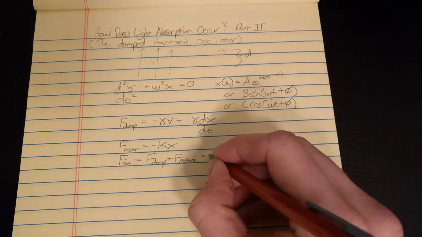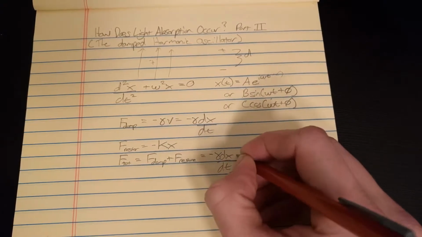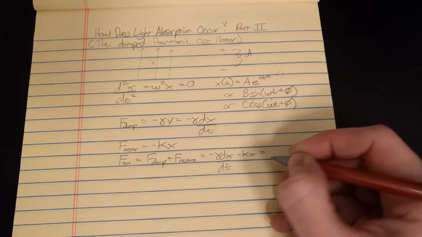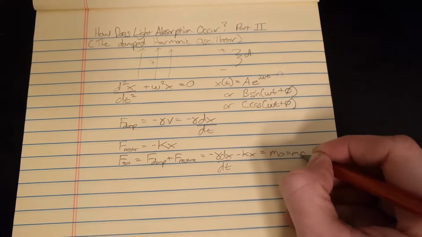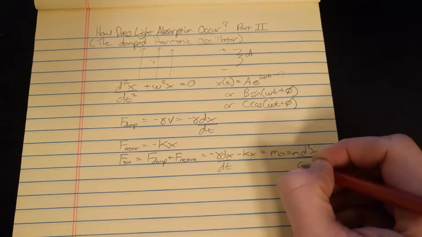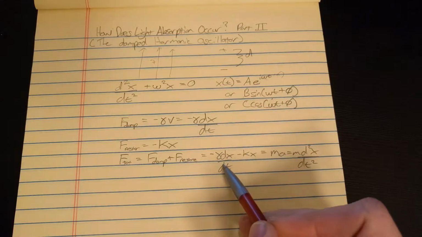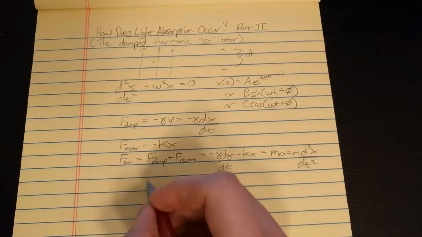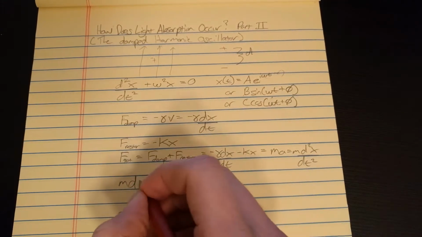So that just equals negative gamma dx/dt minus kx. And that all equals the mass times the acceleration, or the mass times the second derivative of the position with respect to time.